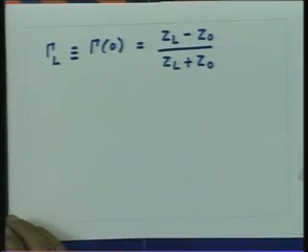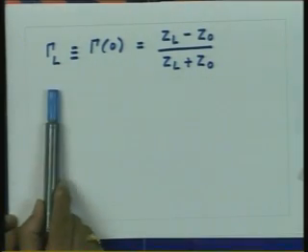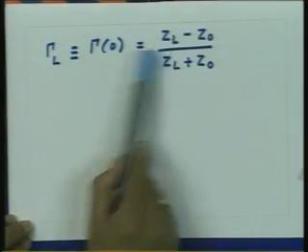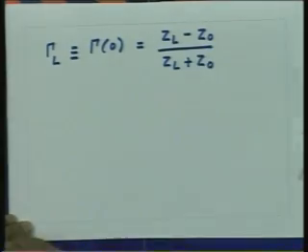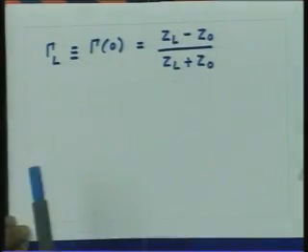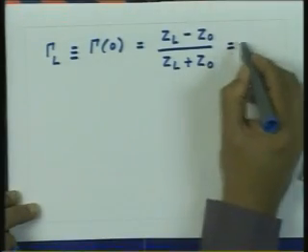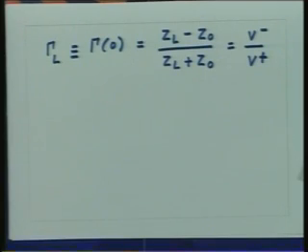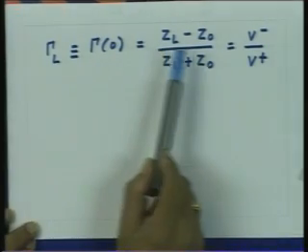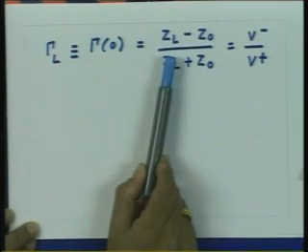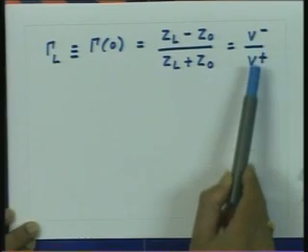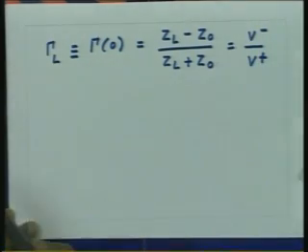So, what we find here is that the reflection coefficient at the load end, which is a measure of how much energy is reflected from the load end, is related to the terminating impedance of the line, ZL. Also, it depends upon the characteristic impedance of the line. Since this quantity is equal to V minus divided by V plus, one thing immediately strikes us: when ZL is equal to Z0, that means the terminating impedance on the line is equal to the characteristic impedance, V minus upon V plus goes identically to 0.